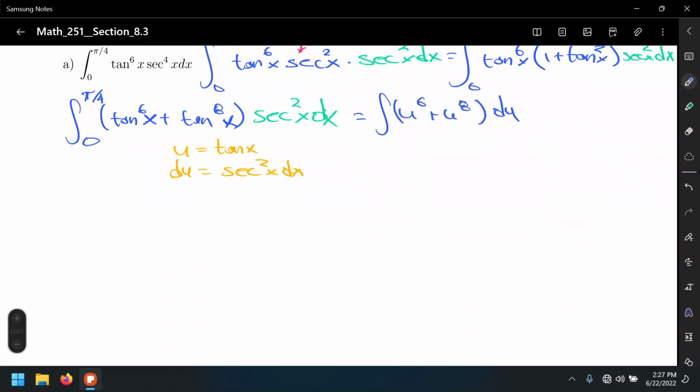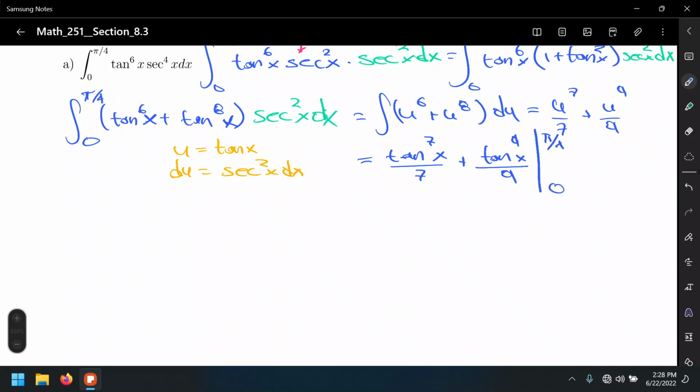So this integrates to u to the 7th over 7 plus u to the 9th over 9; let me leave it like this without the c. Then back substituting, that's tangent to the 7th over 7 plus tangent to the 9th over 9, evaluated from 0 to pi over 4.